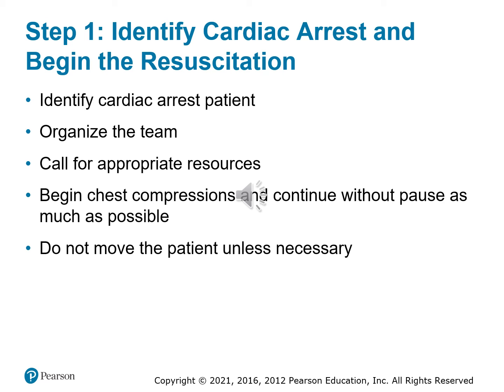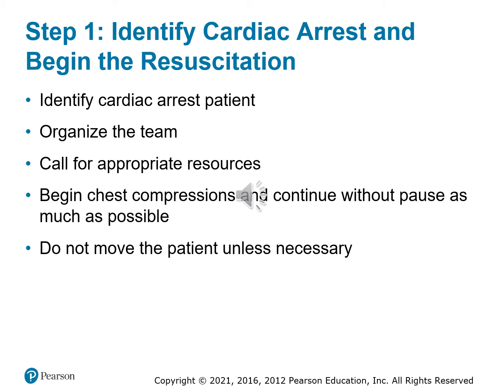So it's going to give you the steps here as we go through cardiac arrest and resuscitation. This sequence is in your textbook as well. But first of all, we want to identify that we have a cardiac arrest with this patient. We want to make sure that the team is ready to go and that we have individuals that are ready to begin in the jobs detailed to them.